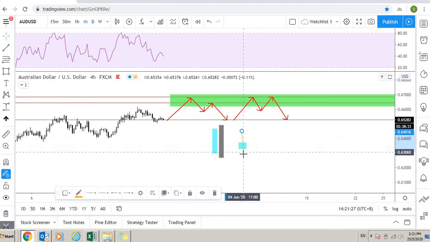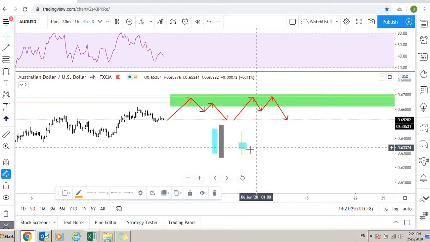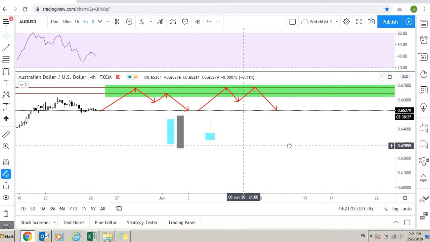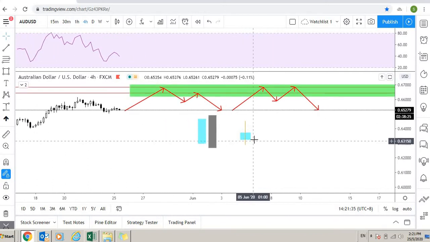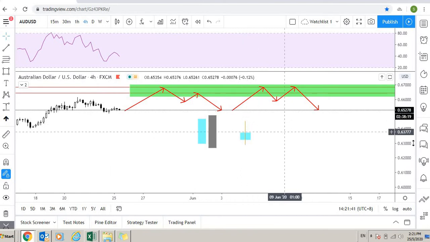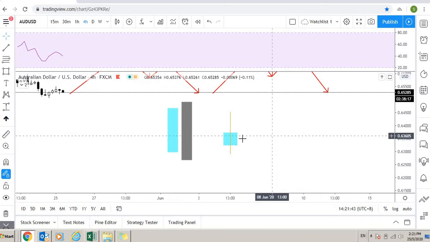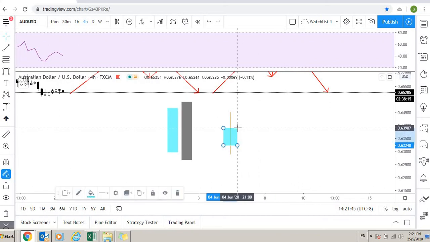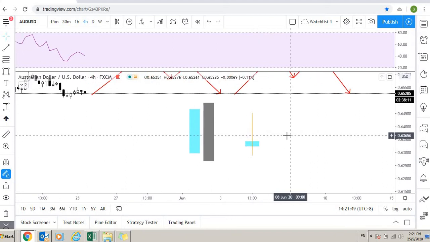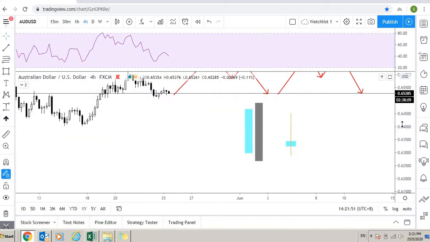So this might be what your bearish pin bar looks like. So basically the rule of the bearish pin bar is that the body should be 1/3 of the whole pin bar. So for example, let's say the bar closes like this, so it's not a bearish pin bar, but if it closes like this, most likely it will be a bearish pin bar. This definitely looks like a bearish pin bar.